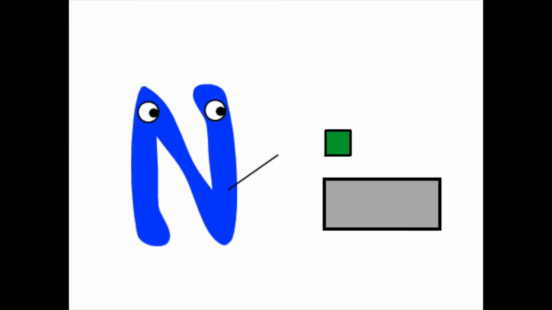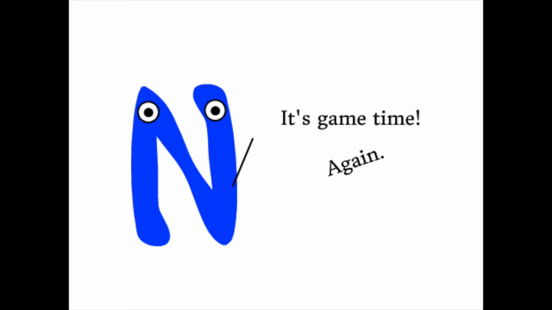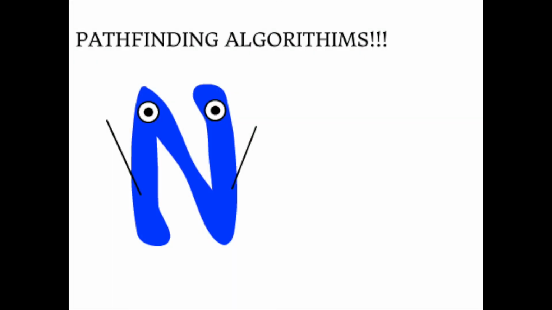We have a green square that can move around and an obstacle. Now let's create some more obstacles and call it a maze. Awesome! Now it's time to add the pathfinding AI.